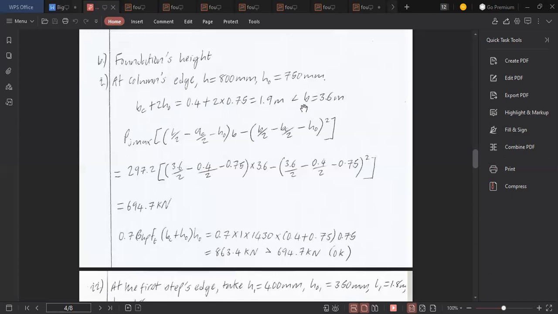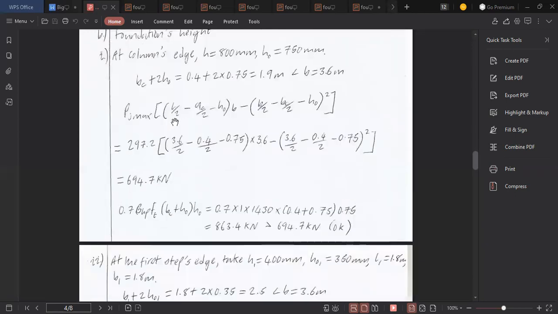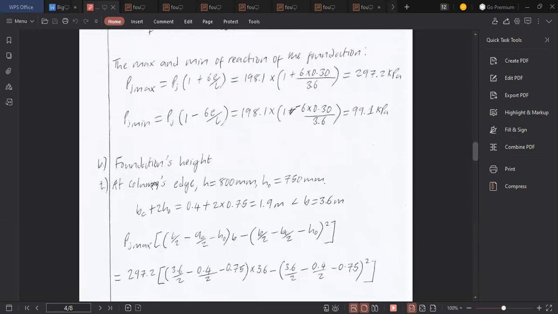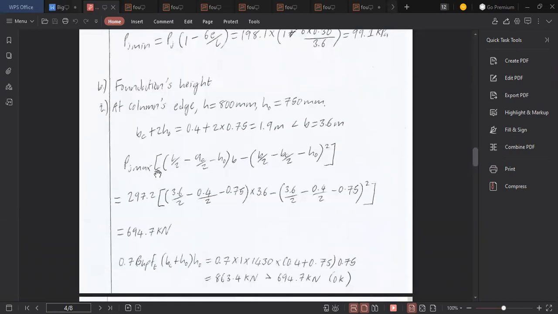So here we've got a calculation for PJ max, the value which we found here. We're going to use it a lot for the next calculations. So PJ max, open brackets, A over 2 minus AC over 2, where AC is one side's length of the column.